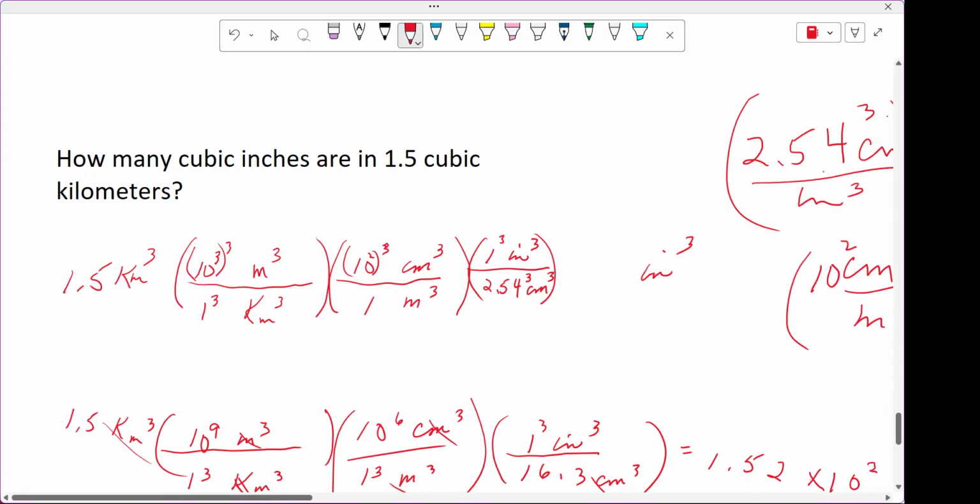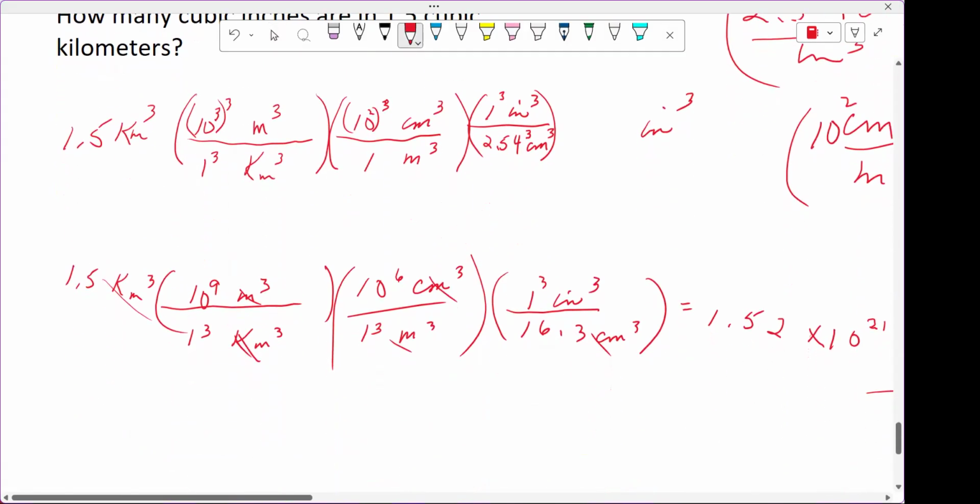So that's 21 zeros. Now, a cubic kilometer is big.